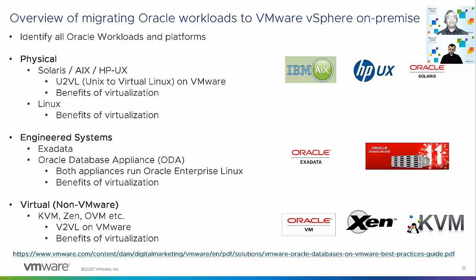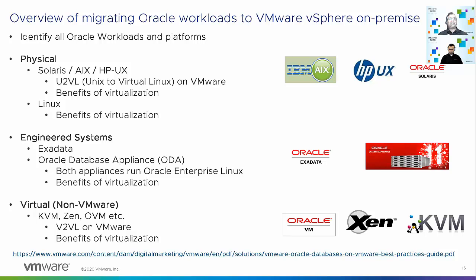Now, your second source could be an engineered system, for example the Oracle Exadata and ODA, which are essentially little endian systems running Oracle Enterprise Linux. So the topic of migrating Oracle data from a big endian system to little endian is not an issue here. The third kind of source could be a virtualized platform, which is essentially a non-VMware platform. This would also require a virtualization format conversion.